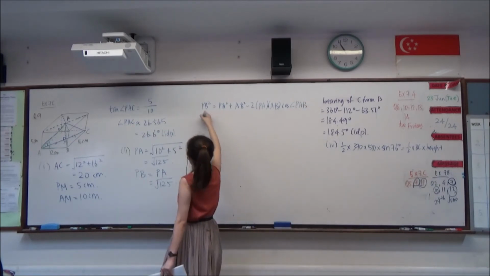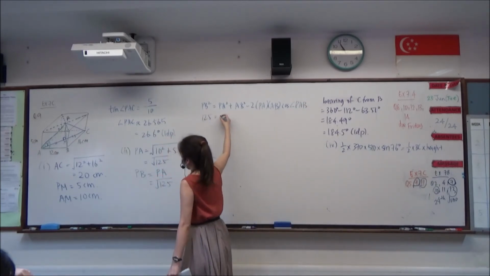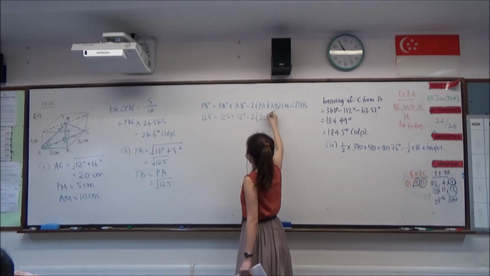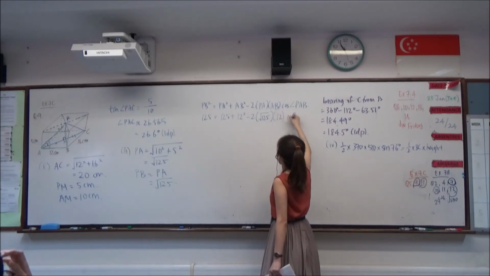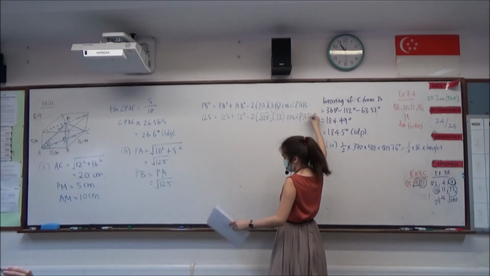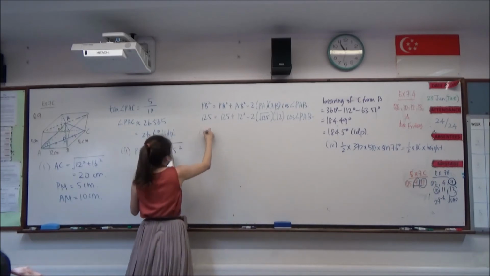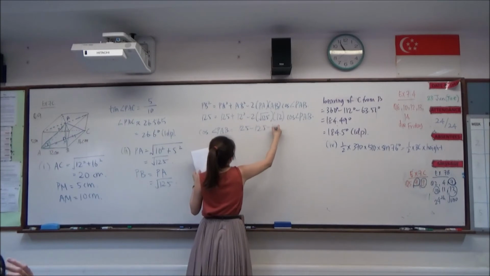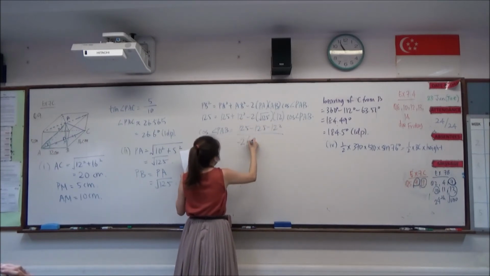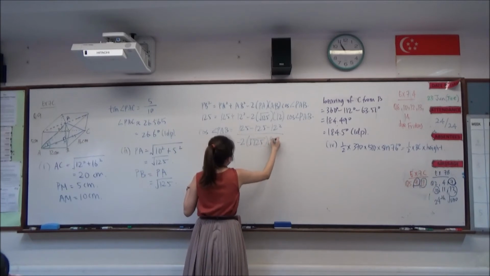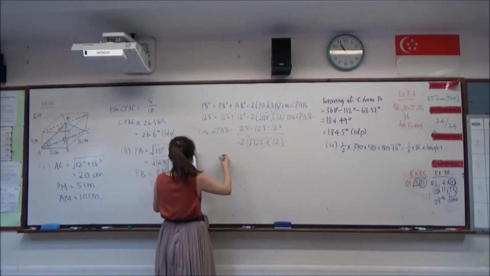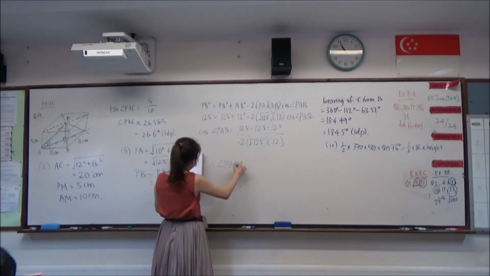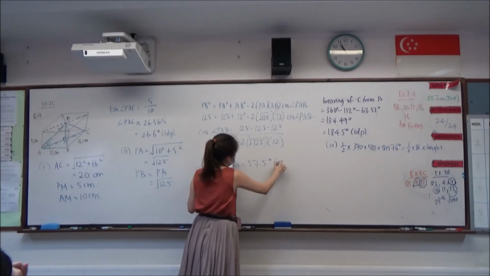So this is going to be 125 equals 125 plus 12 squared minus 2 times square root 125 times 12 cosine angle PAB. Then I'll leave it to yourself to do the calculation. Angle PAB would be 57.5 degrees, 1 dp.